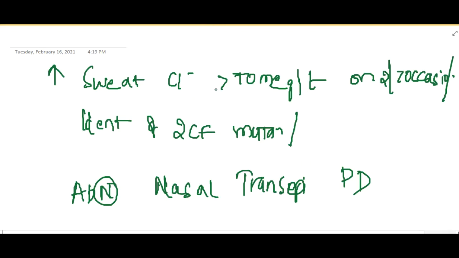Then one plus one positivity is nothing but cystic fibrosis. In this second group, there can be increased sweat chloride concentration of more than 70 milliequivalent per liter on 2 or more occasions, or identification of 2 cystic fibrosis mutations, or demonstration of abnormal nasal transepithelial potential difference.